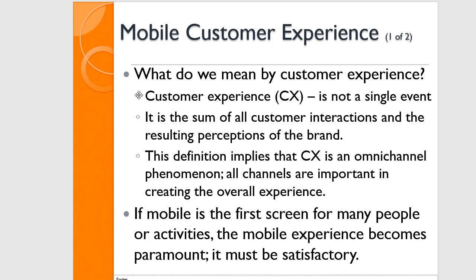So with all this information that we've been talking about, it relates to something called the customer experience, and they refer to this as CX. It's not just one event, but the sum of all the events and interactions that a customer has. If we go back to that omni-channel diagram, it's all the events and experiences they get from each of those channels.